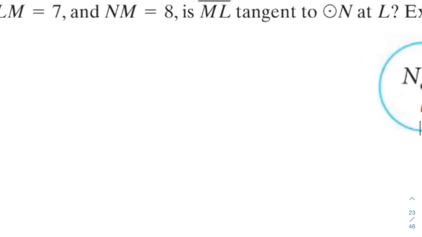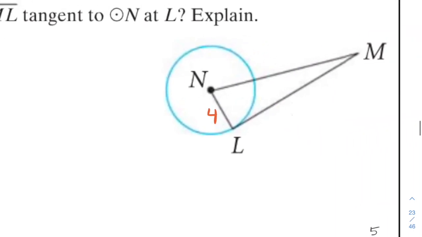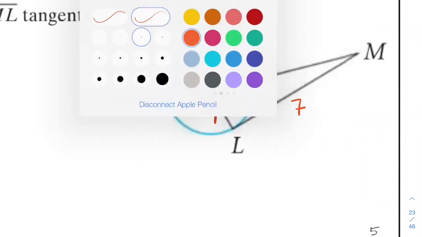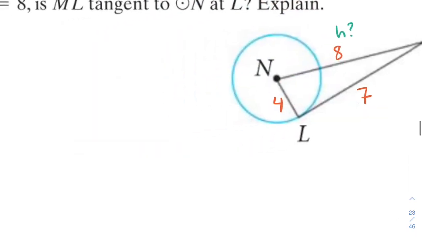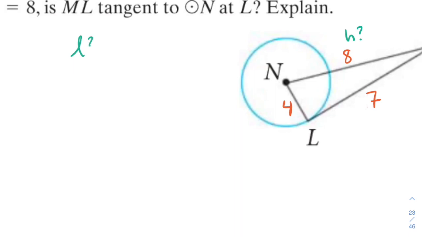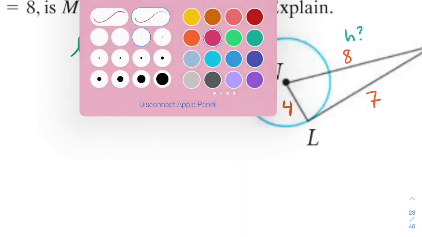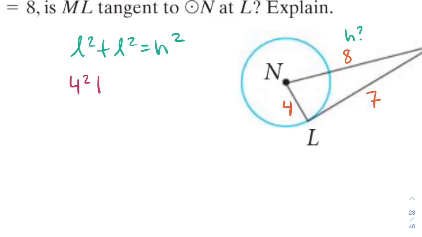We'll label this one LM is 7, and this would be 8. Again, if it was, this would be the hypotenuse. That's the question. Can that be a hypotenuse? So we're going to do leg squared plus leg squared equals hypotenuse squared. We will do 4 squared plus 7 squared equals, I'll write it as 8 squared.